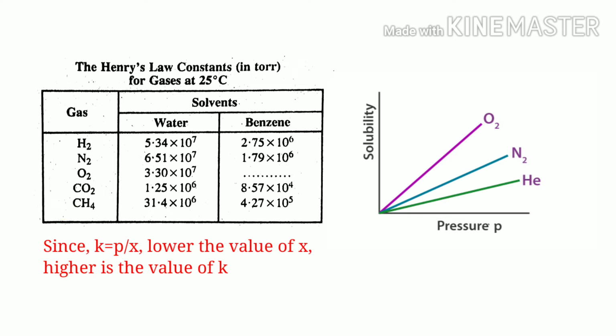So if we plot the solubility of different gases against pressure, we get a plot like this. Here in this table you can see that the value of K of oxygen gas is lower than that of nitrogen gas. That means oxygen is more soluble than nitrogen gas. So the straight line of oxygen is shifted towards the y-axis, right?